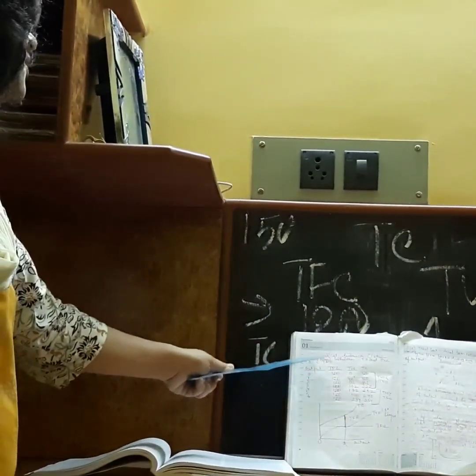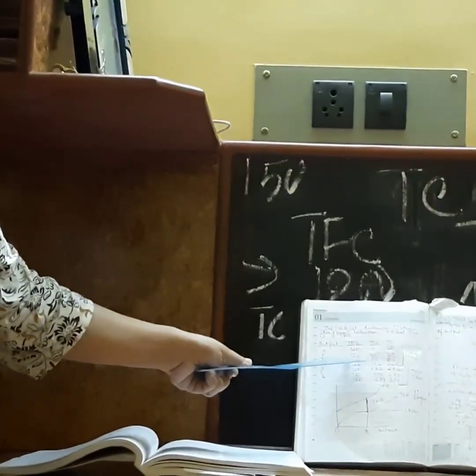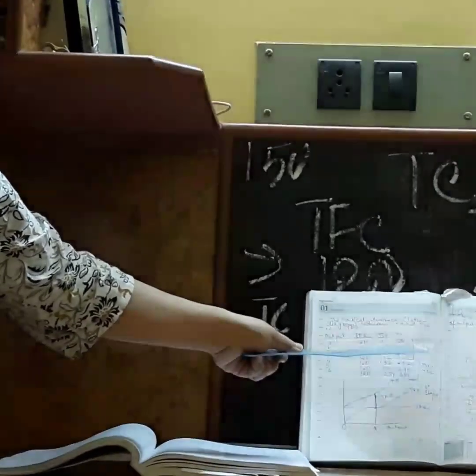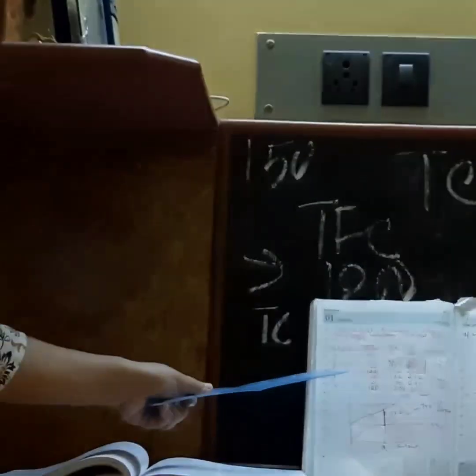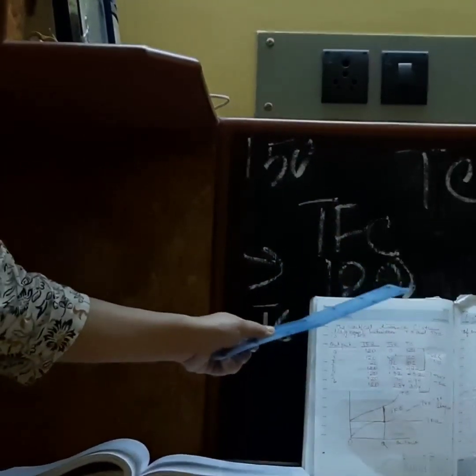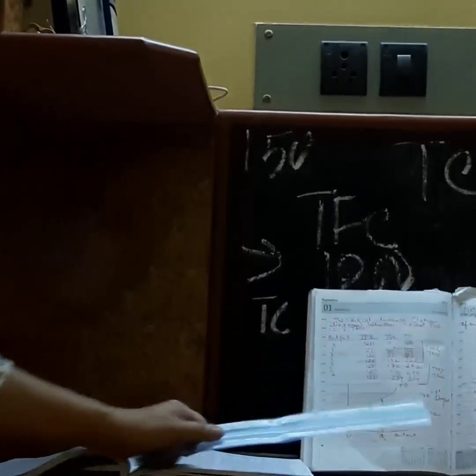Next, when the firm is producing 1 unit of output, TFC is 120, TVC is 40, TC is 160. Moving to the next unit, that is unit 2, TFC is 120, TVC is 76, total TC is 196.